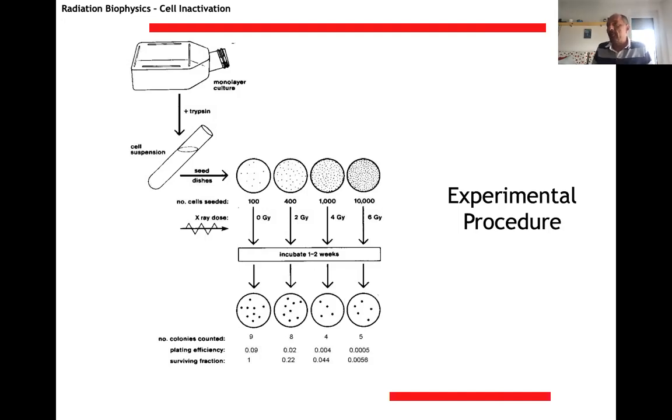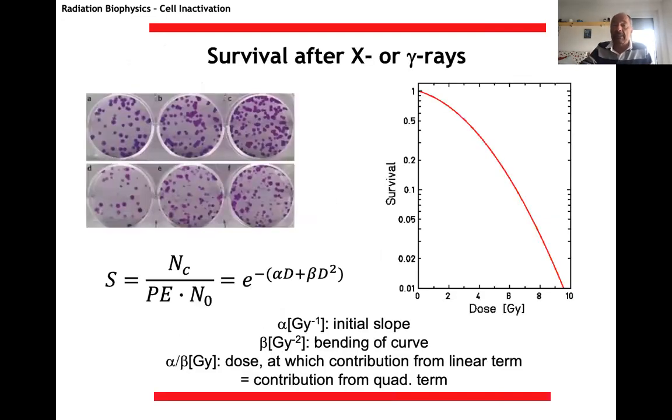When you calculate the survival, you have to know how many cells you plated, you have to count the colonies, and eventually you have to divide by the plating efficiency. And this is essentially written here. At the end, generally, what happens when you do this work, you see, you count these colonies.